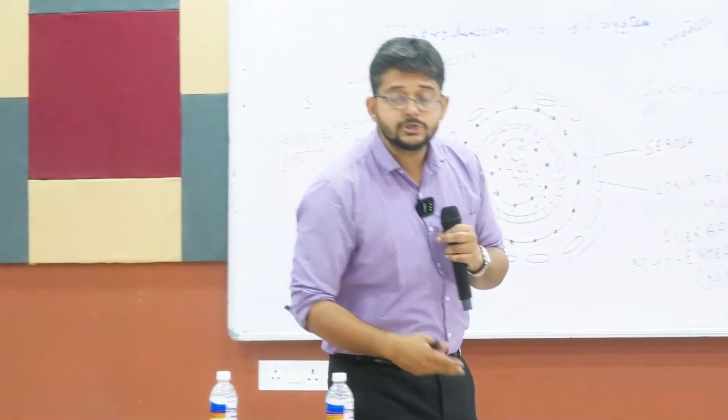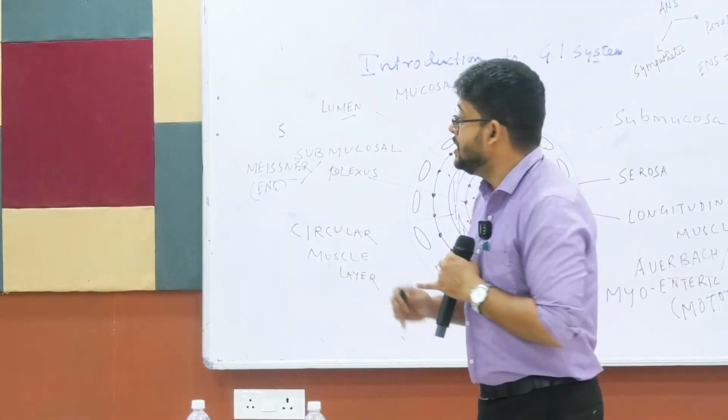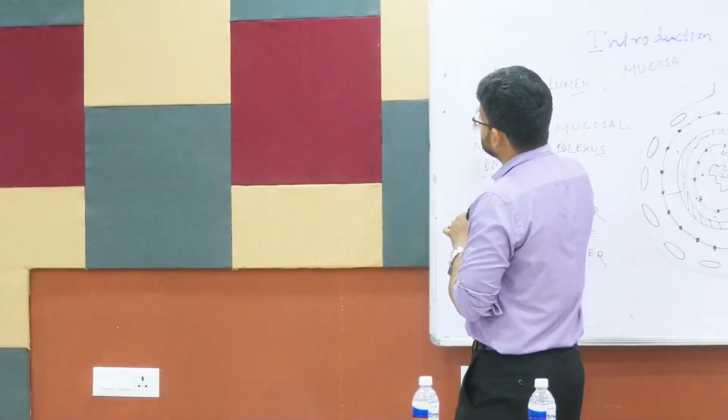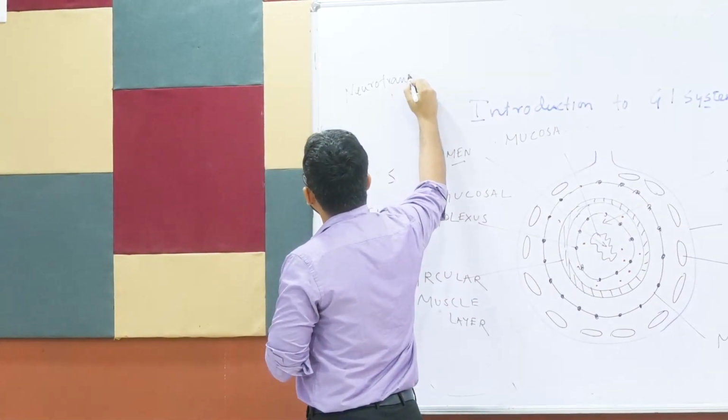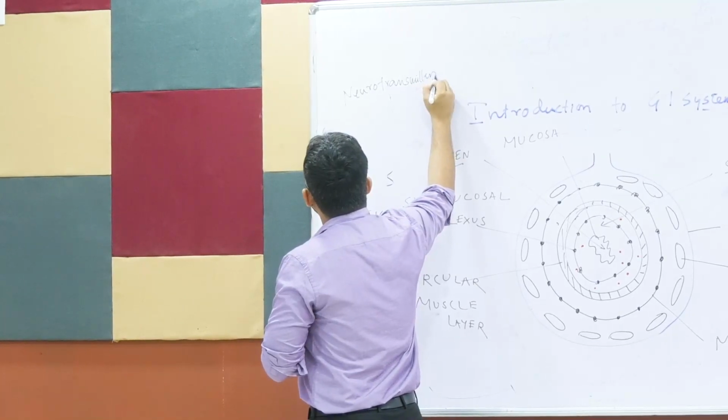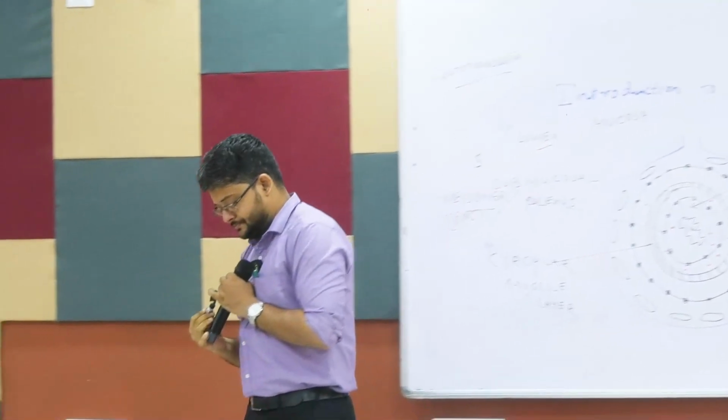Clear, everybody? Okay. Now coming to certain molecules which get released from the enteric nervous system or ANS. These molecules are known as neurotransmitters. Anybody having any idea about the neurotransmitters? Acetylcholine.